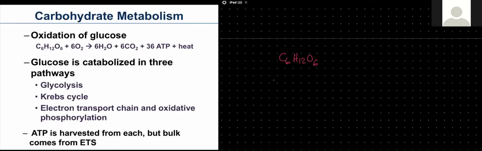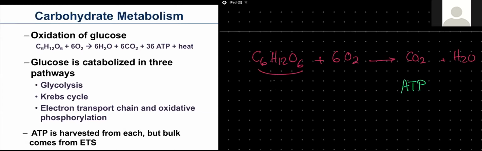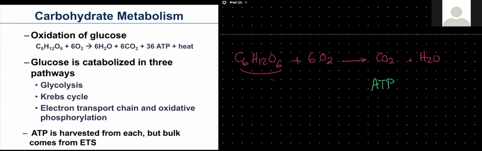So, the single most important chemical reaction that takes place in your body is again the oxidation of glucose. I break down the glucose, C6H12O6, in the presence of oxygen. And this is going to result in the formation of carbon dioxide, water, and I will be producing ATPs. So I need 6 oxygens to break down a single glucose molecule.